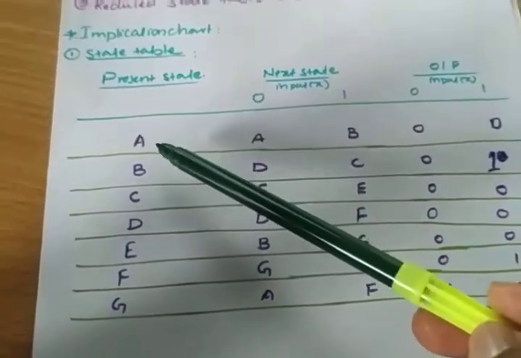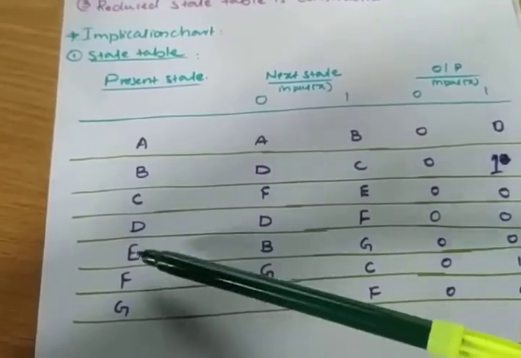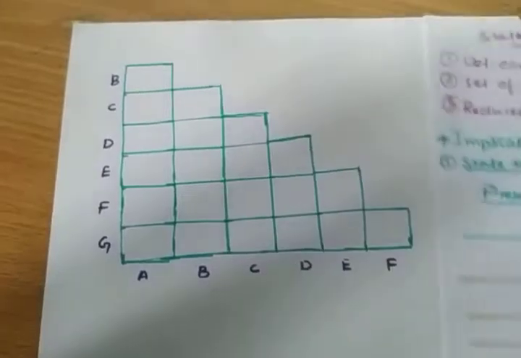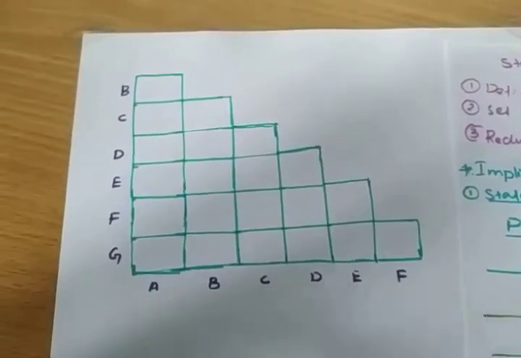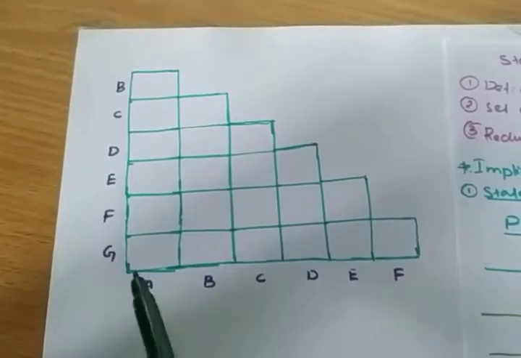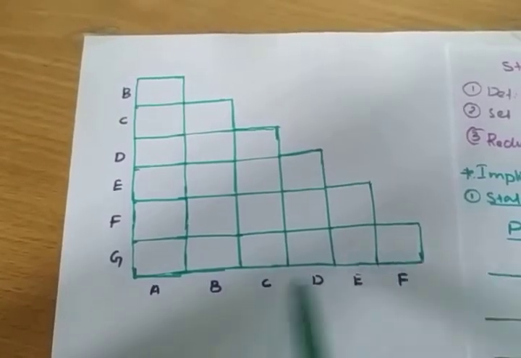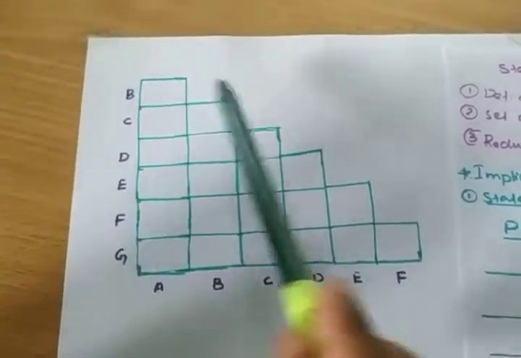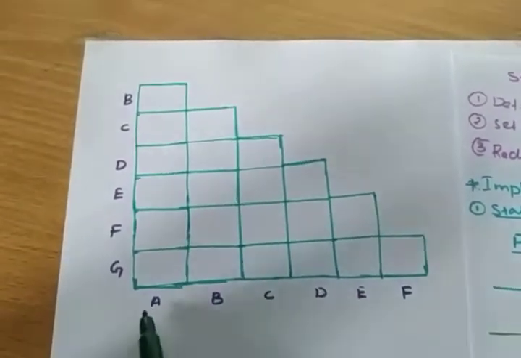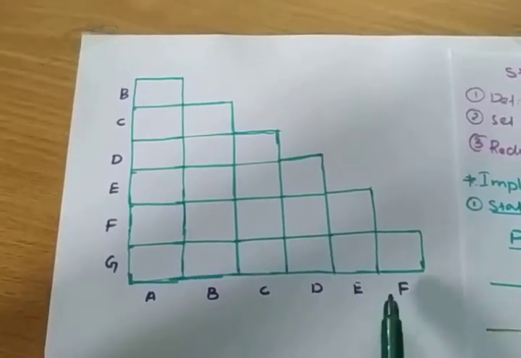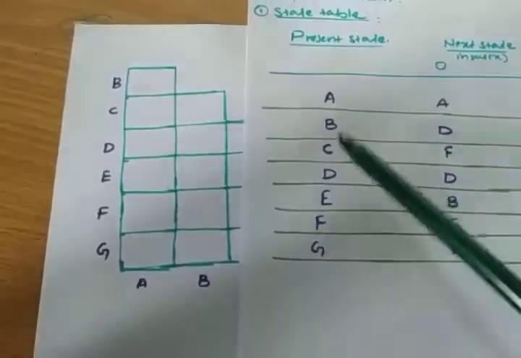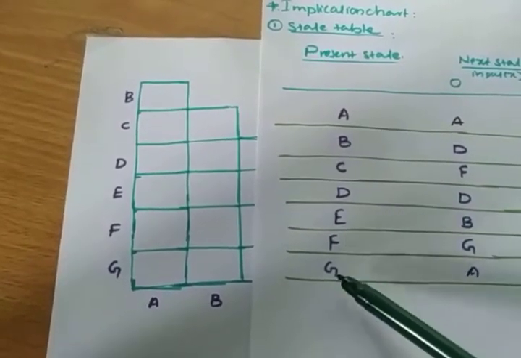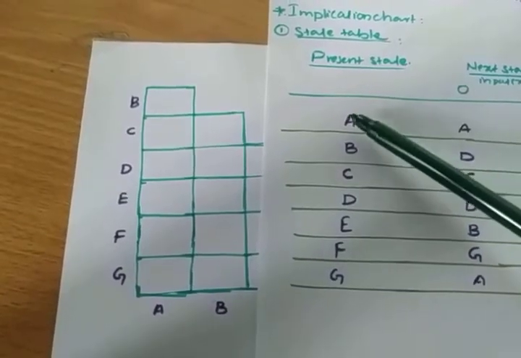The states start from A and end at G: A, B, C, D, E, F, G. Actually our states are from A to G, but in the columns you write A, B, C, D, E, F only, up to F. In the rows you write B to G. So in rows you write B to G, and in columns you write A to F.